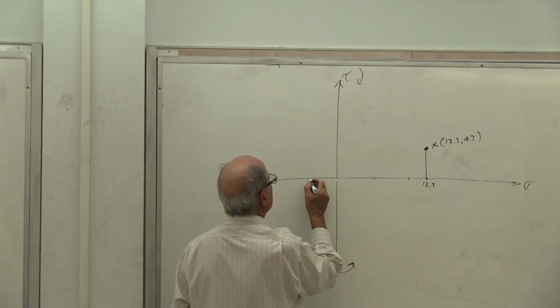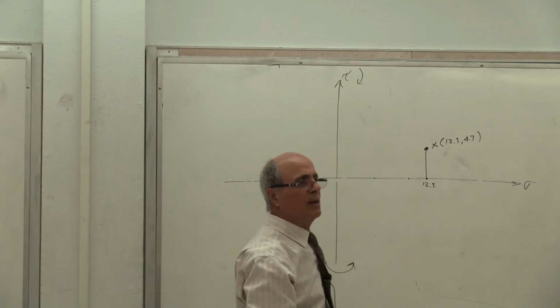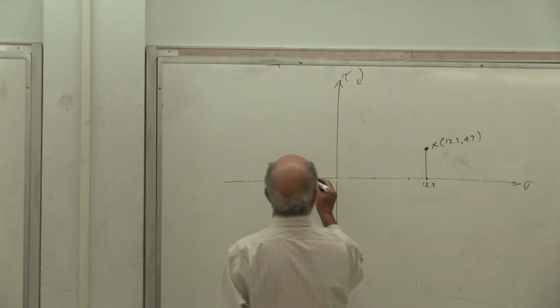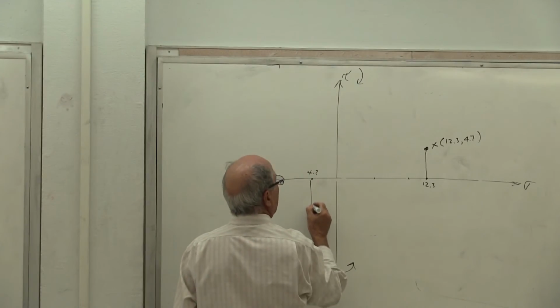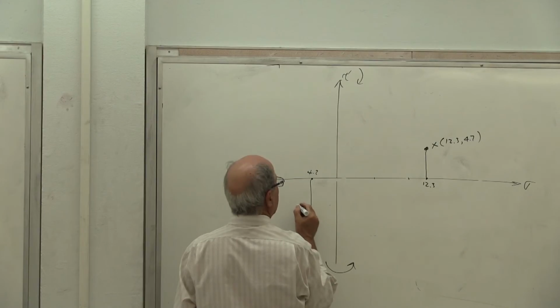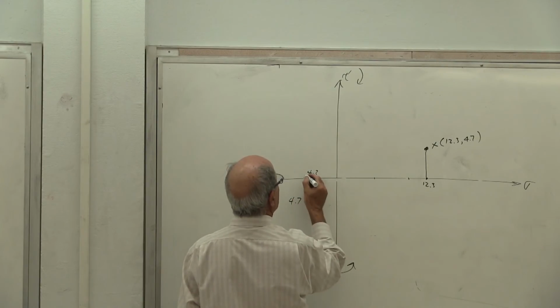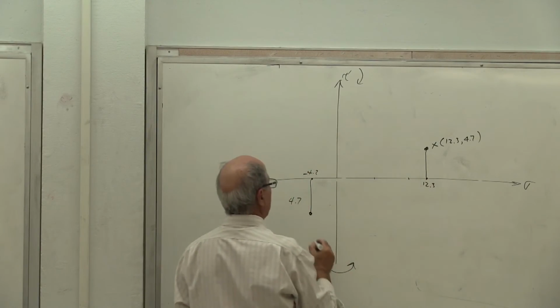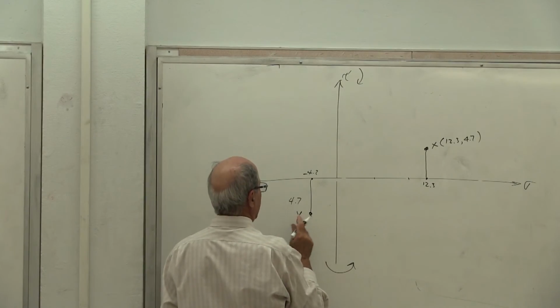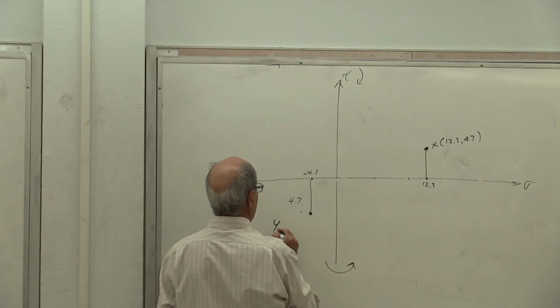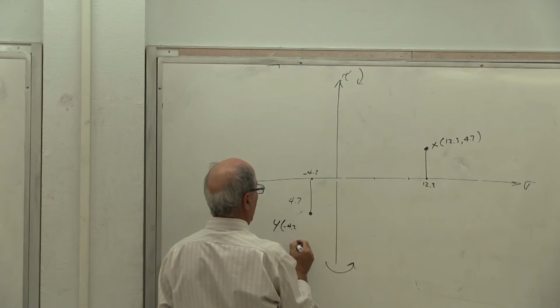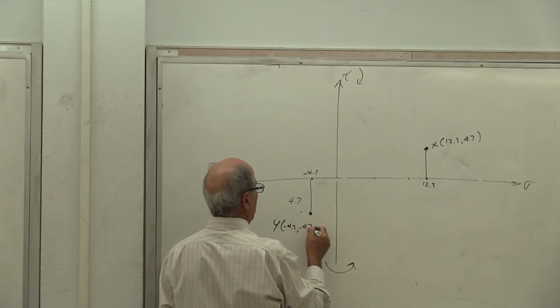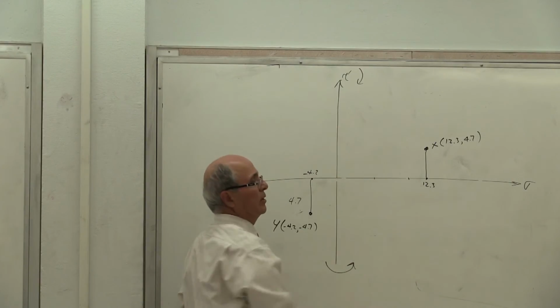So the other one is minus how much? Minus 4.2, that's sigma. And then I have to go the same amount, 4.7. So this is 4.7. This is minus 4.2. That's 12 there. This is y, which has the coordinate of minus 4.2 and minus 4.7 because of this arrow and arrow.